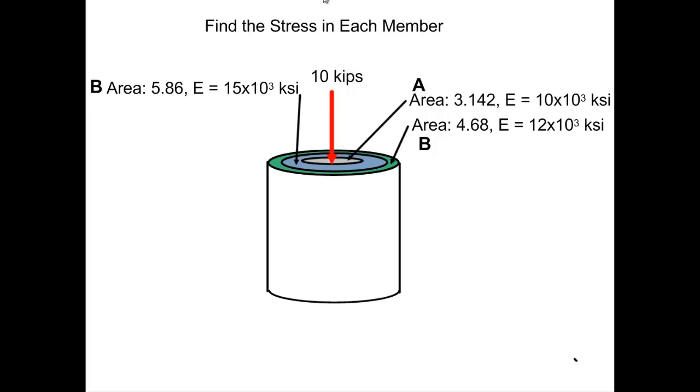So what we can do first is draw ourselves a free body diagram of what's taking place. What we would have here would be a vector coming down, and that value would be your 10 kips. I'll just make it 10,000 pounds.